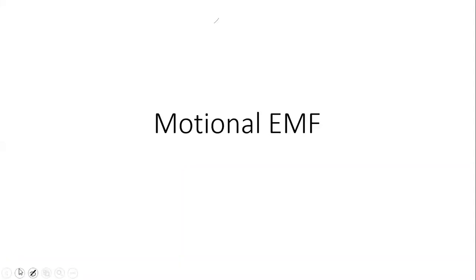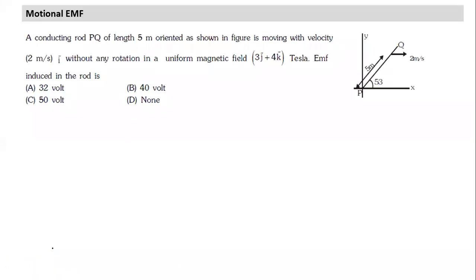So let's get started. What we had done yesterday, very briefly: how do you find EMF? We had to write that expression. EMF is equal to the integral of V cross B dot DL.